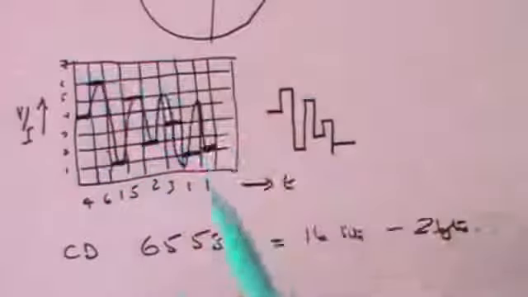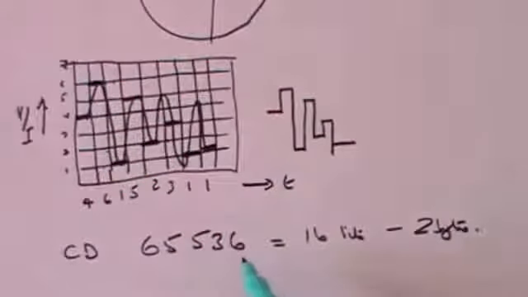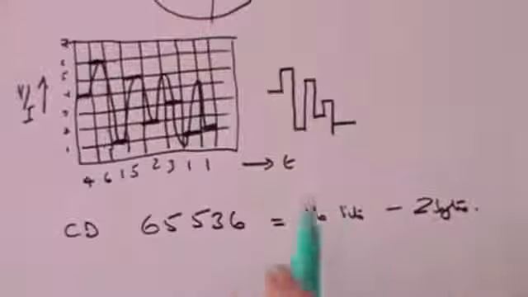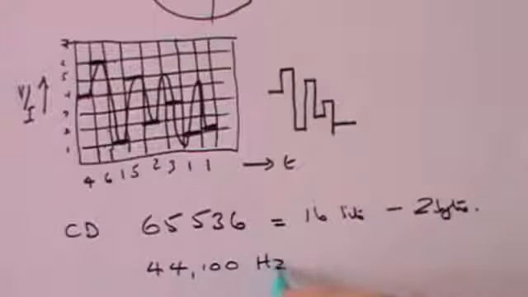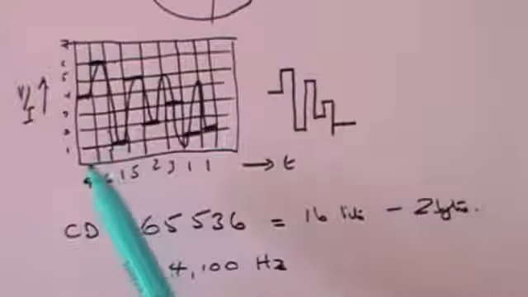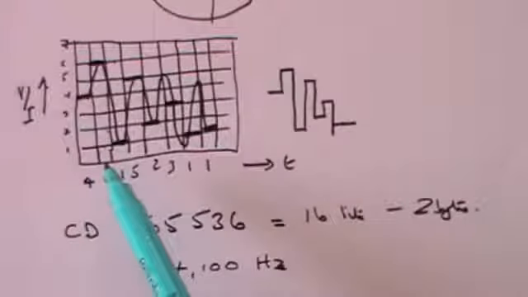So the digital resolution is 65,536 different alternatives, levels if you like. This rate is called the sampling rate. And the sampling rate for most CDs these days is 44,100 Hertz.